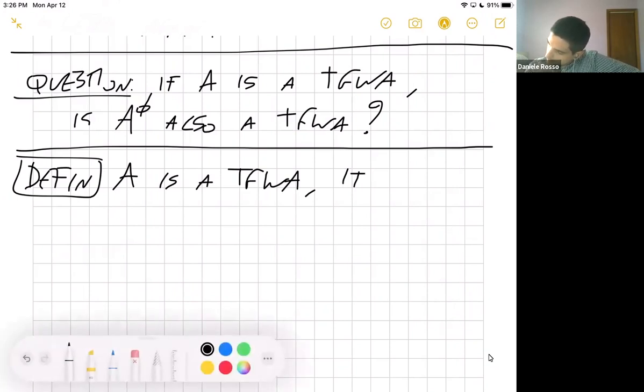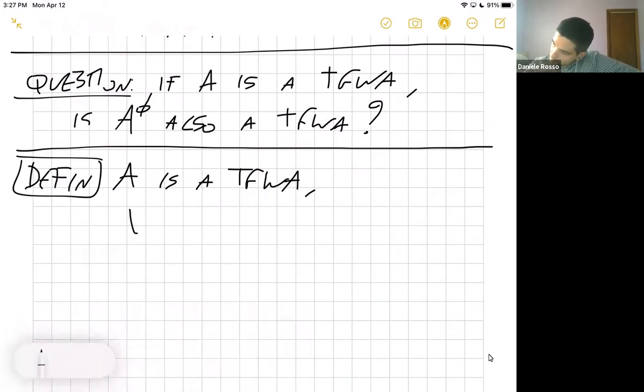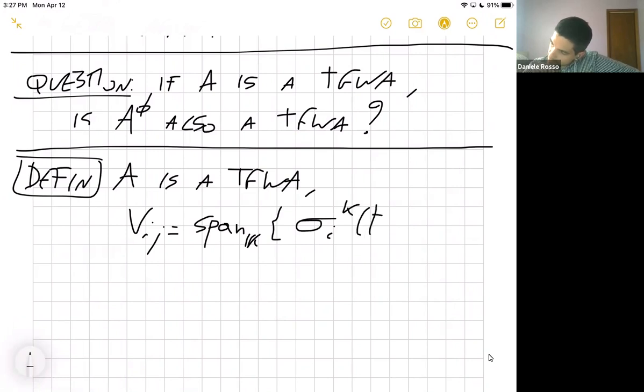Then we define V_ij to be the span over K of the elements obtained by applying sigma_i a bunch of times to the element t_j.